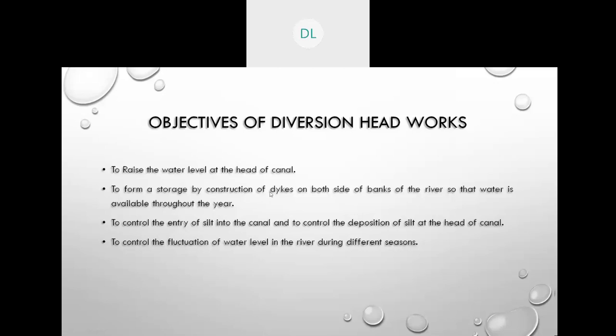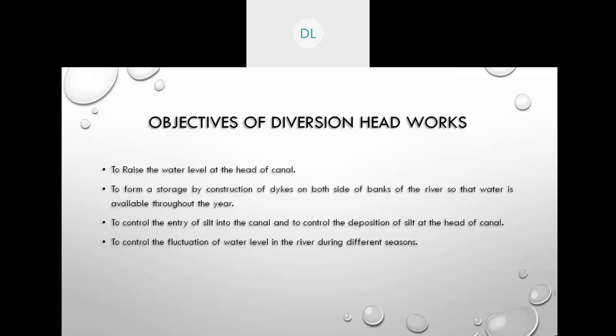So this is the second objective of the diversion headwork, that we go for embankment dikes on the banks upstream of the structure, weir or barrage. I'll show you what is upstream and what is downstream. We will become more comfortable with these terminologies as soon as we reach one slide where all the components are shown. Before that, we should understand the objectives.